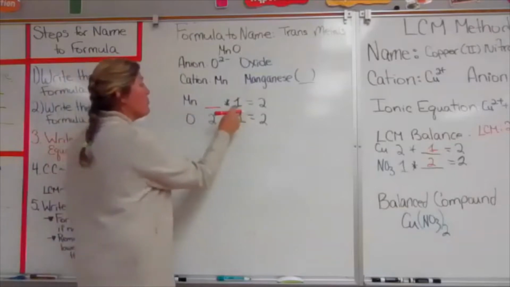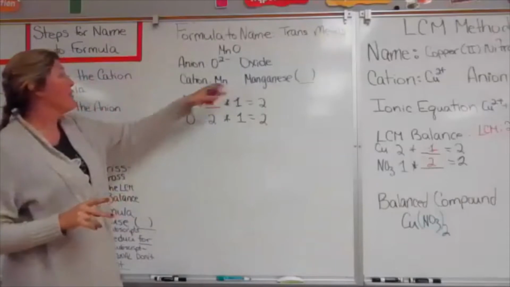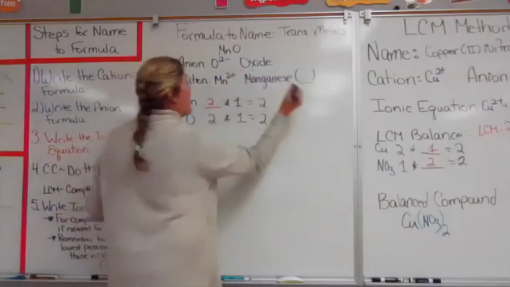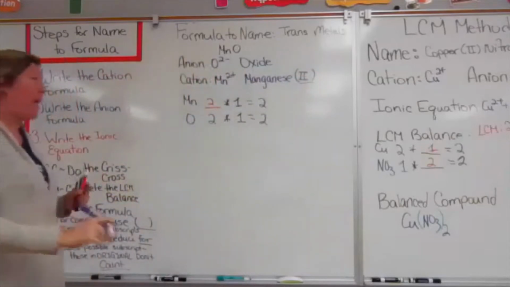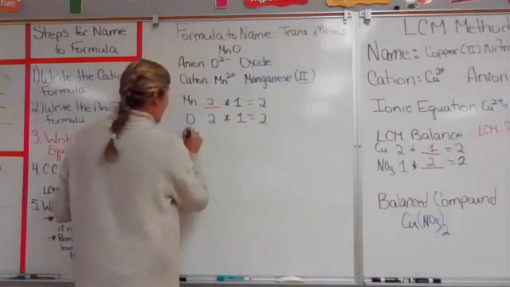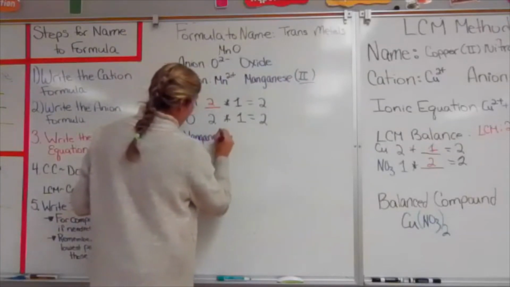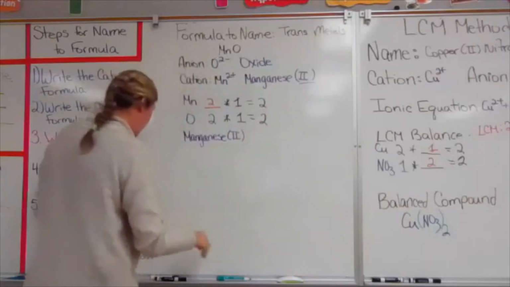So what times 1 equals 2? That's 2. That means that this must be a manganese 2. So I can fill that in, put the Roman numerals here too, and then write the full name together. So this is manganese 2 oxide.